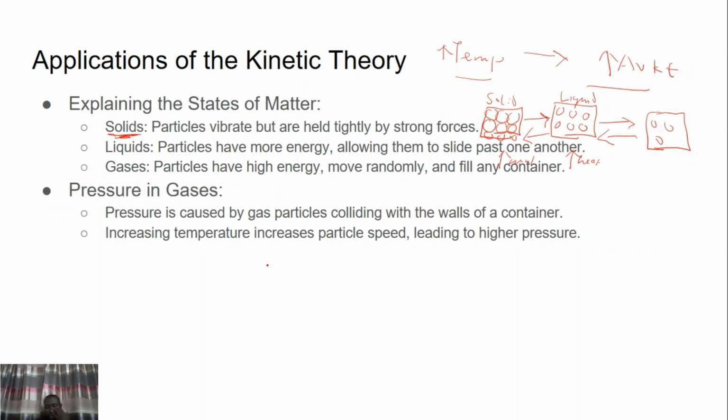It makes us understand that the pressure that gases exert is actually resulting from the collision of the gas molecules with the wall of its container. The sum of all these collisions is what makes up the pressure of the gas.